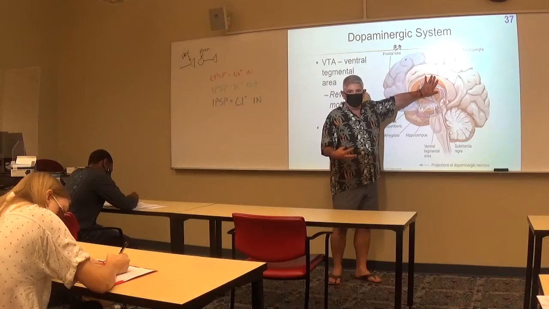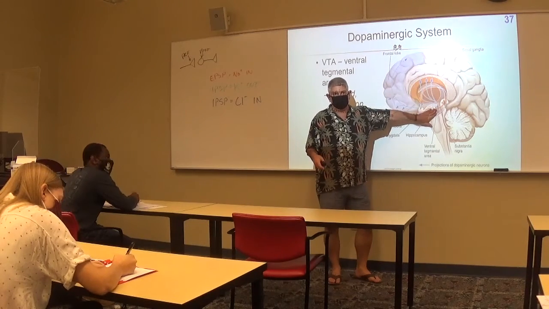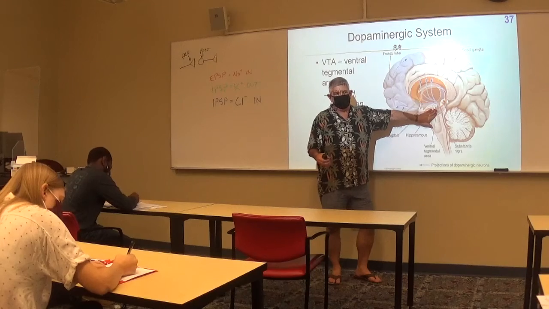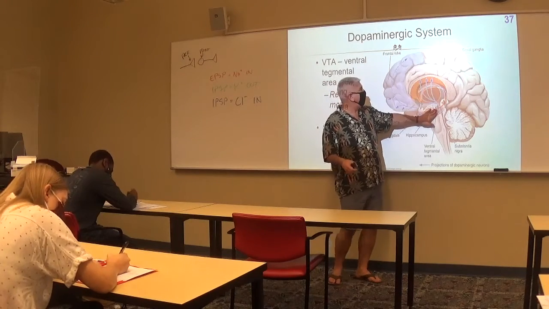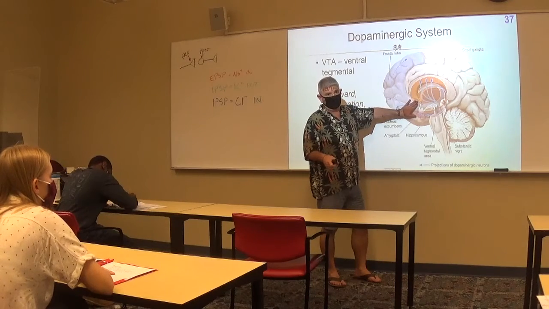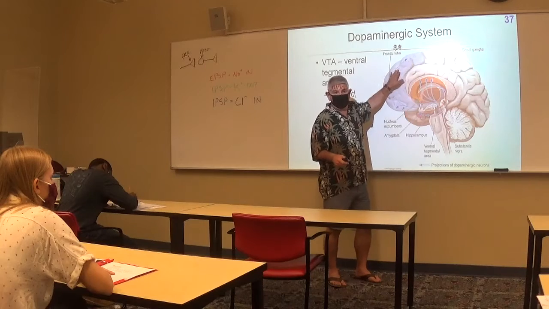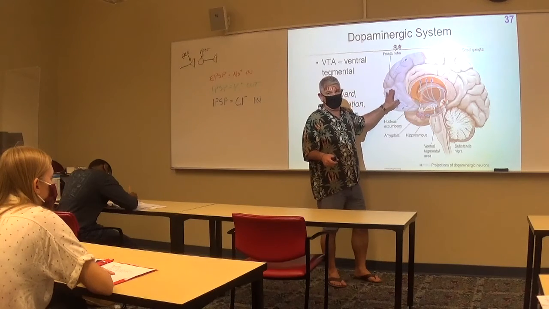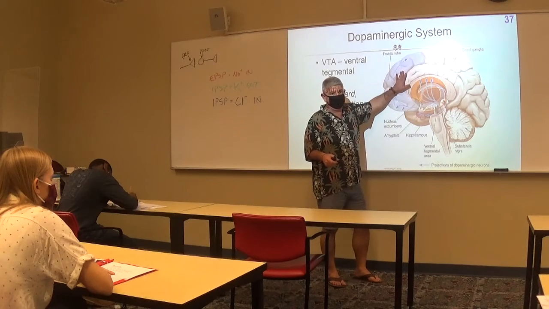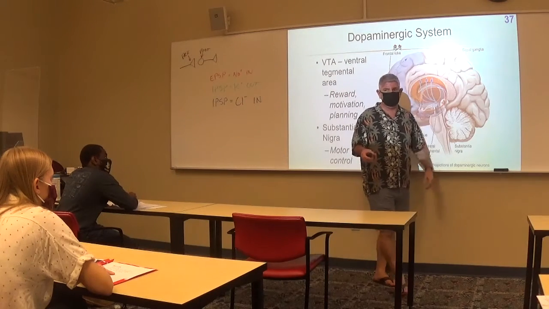Okay. There's a second source called the ventral tegmental area, the VTA. And the VTA sends dopamine to the reward system in the nucleus accumbens and the frontal lobe for helping with concentration and stimulating activity in the frontal lobe, cognitive activity.